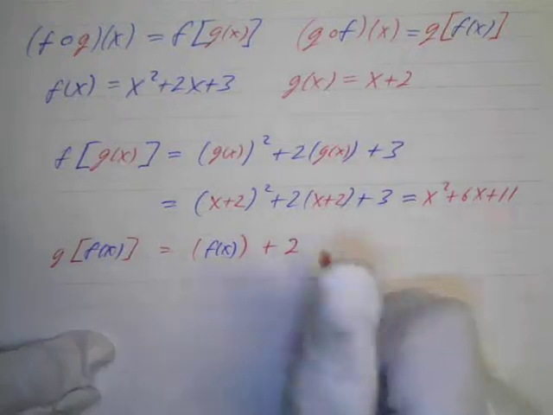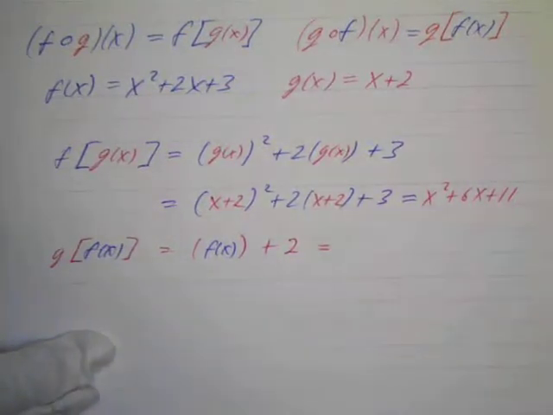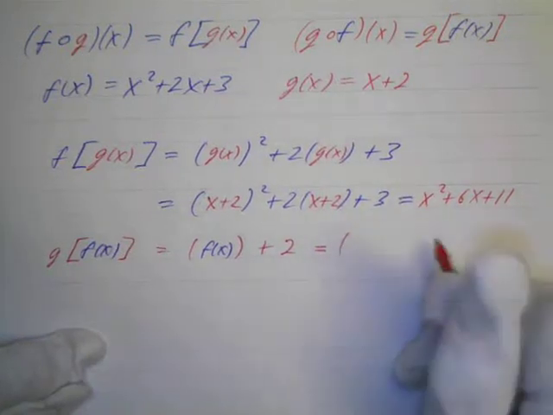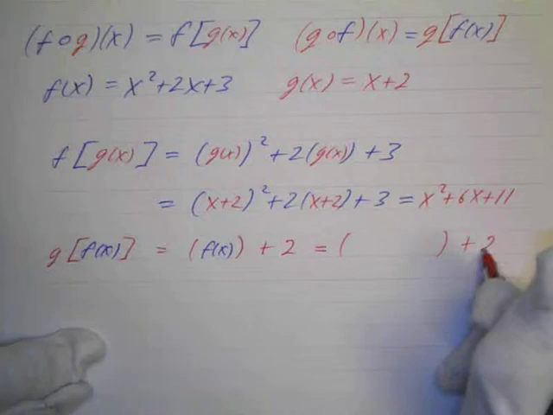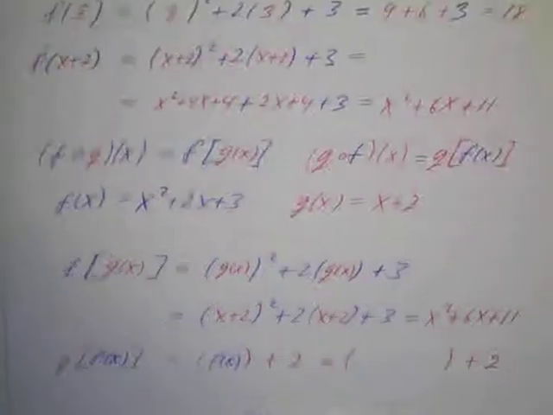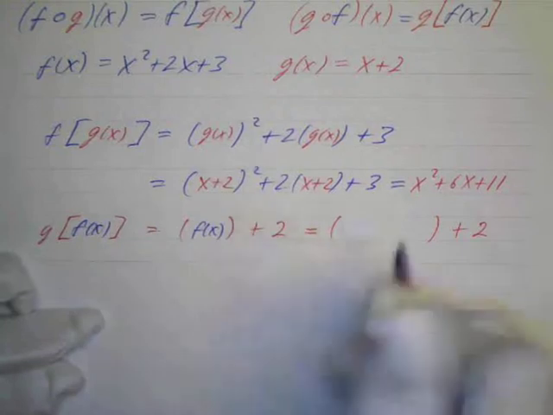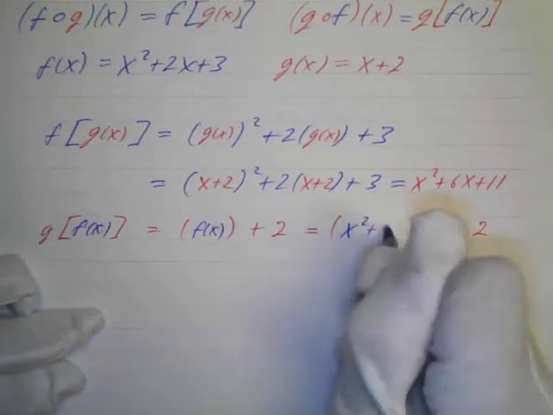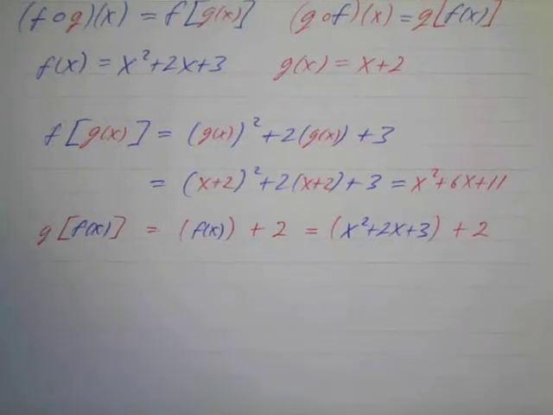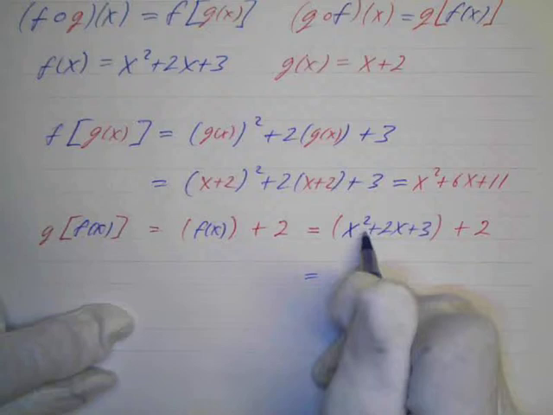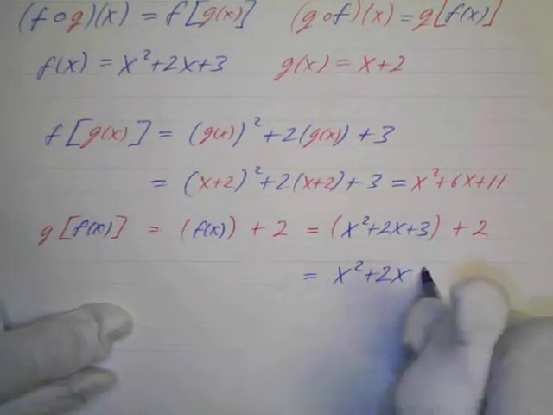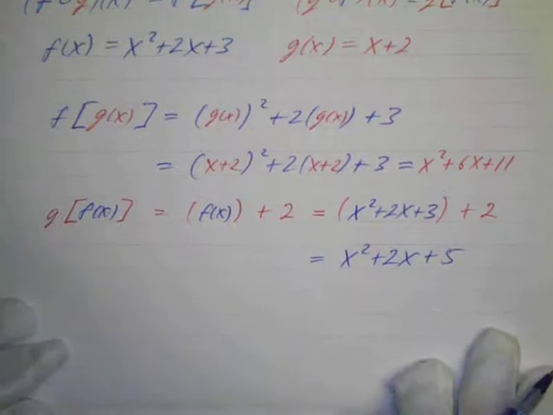And what was f of x? We'll go back up here. In terms of x, f of x was x squared plus 2x plus 3. And then we can simplify that. That's just going to be x squared plus 2x, and 3 plus 2 is 5. So there's your gof.